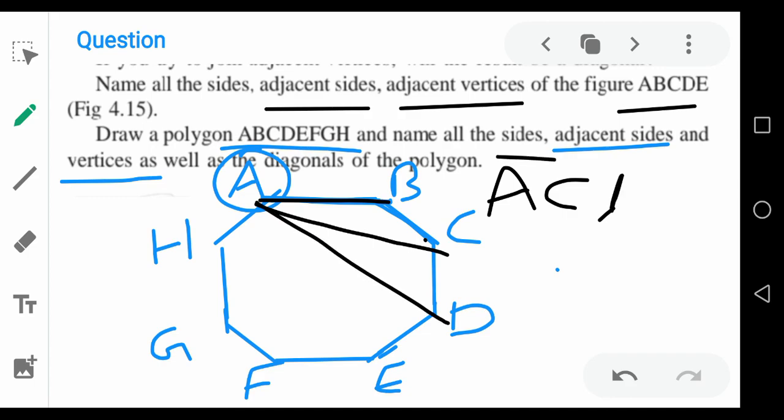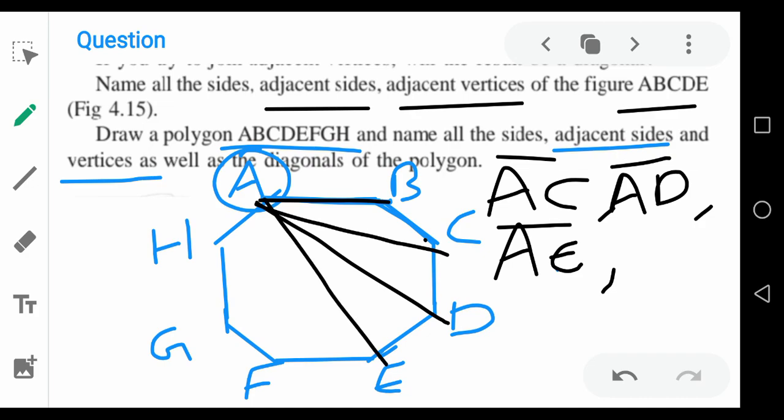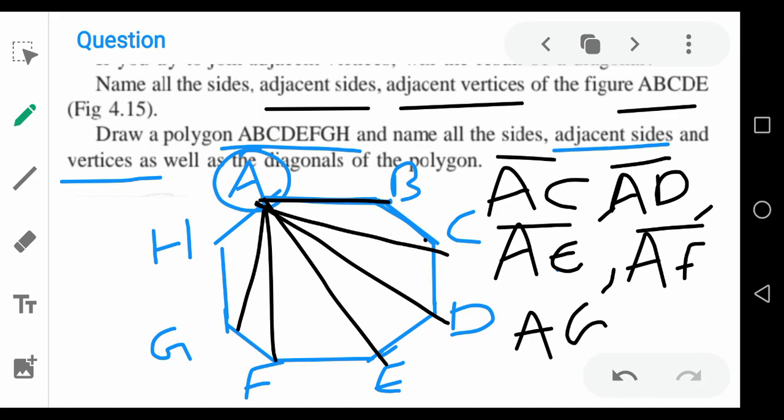AD. So AD is the next diagonal. What is the next non-adjacent vertex? A, E. Then what is the next one? So just join it. Then A, F. Then what is the next one? A, G. A and H are adjacent vertices, so you should not write that. So this is starting from A.